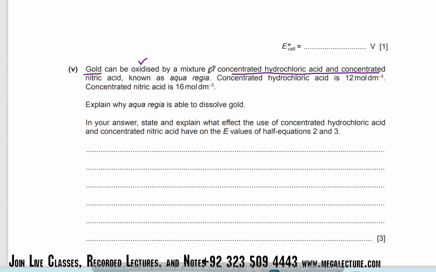So hydrochloric acid and nitric acid have a very high concentration. Explain why aqua regia is able to dissolve gold. In your answer, state and explain what effect the use of concentrated hydrochloric acid and concentrated nitric acid have on the values of equations 2 and 3. So I think he's specifically talking about equations 2 and 3.